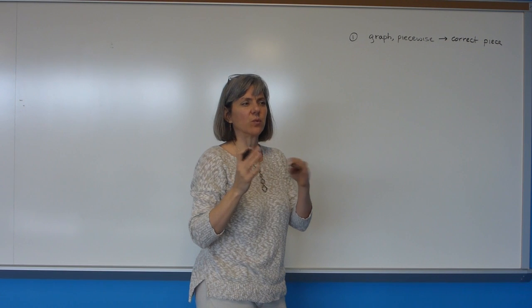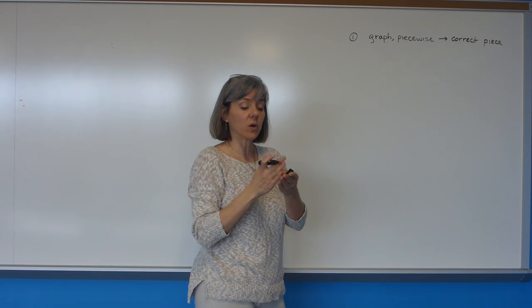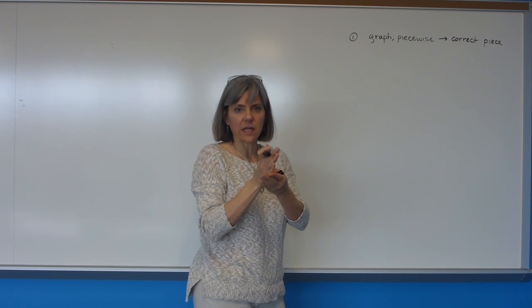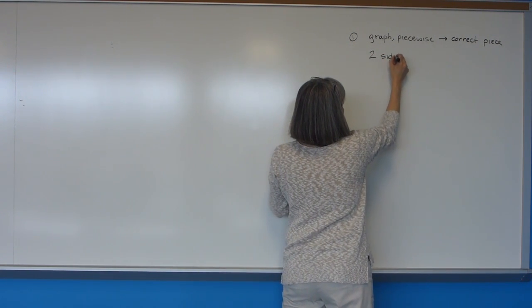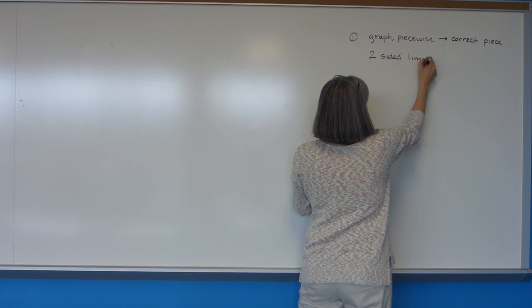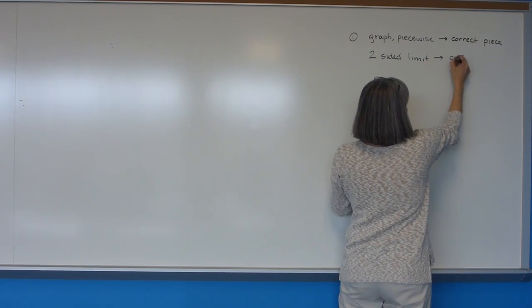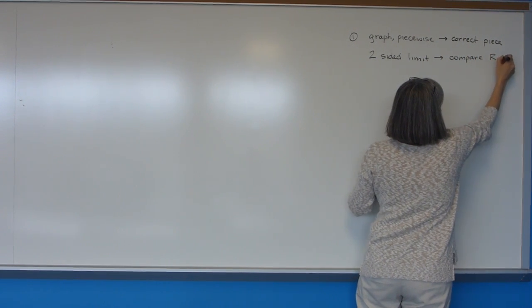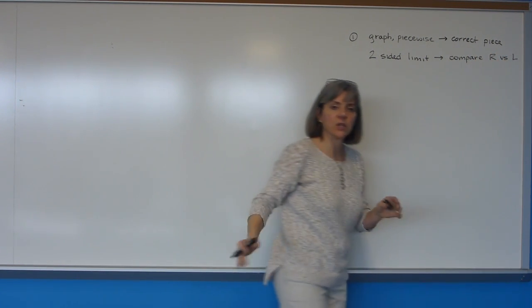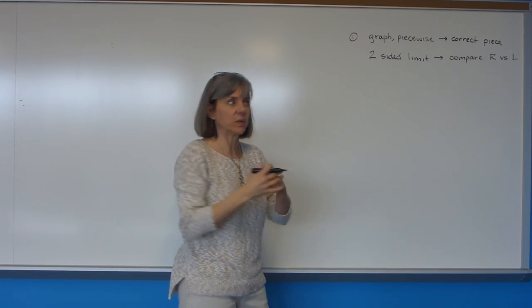And that occurs really when you are at a vertical asymptote, or if you're at a piecewise function right on the edge of the definitions. So if you have a two-sided limit, we may need to compare right versus left. That means you'll need to actually set up the two separate limits.